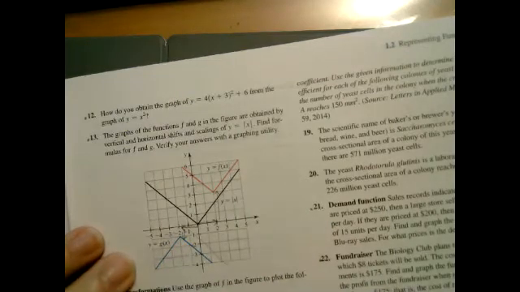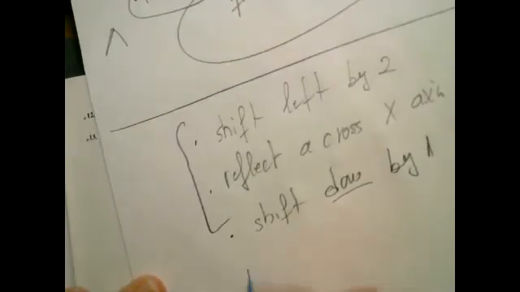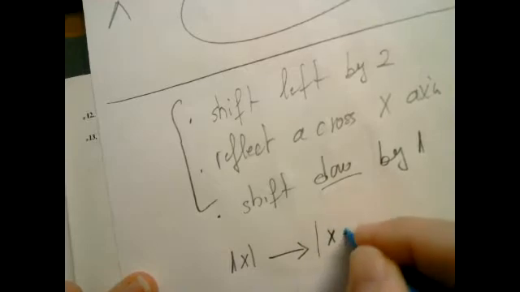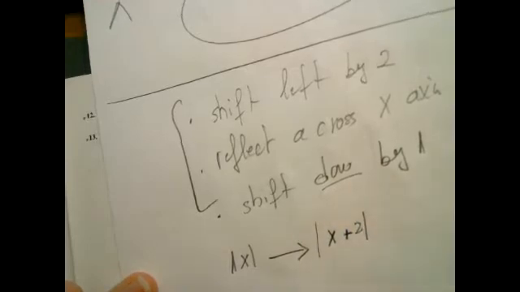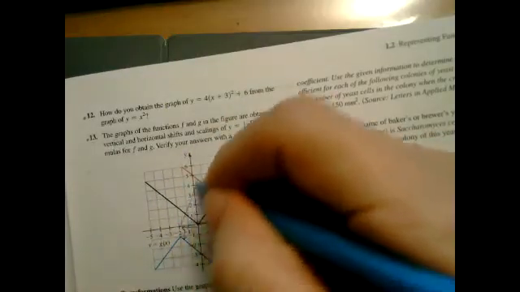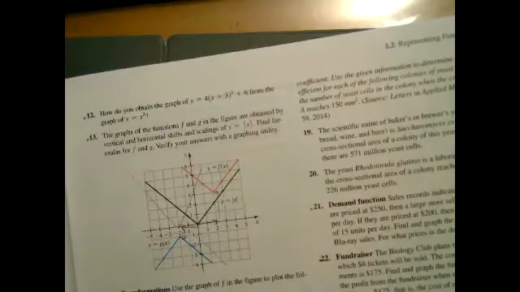So let us see in terms of function. We're going to start with the absolute value. Shifted to the left, it means you add the 2. So right now, I am doing this function, this one. That's the shift. And then I'm going to reflect.